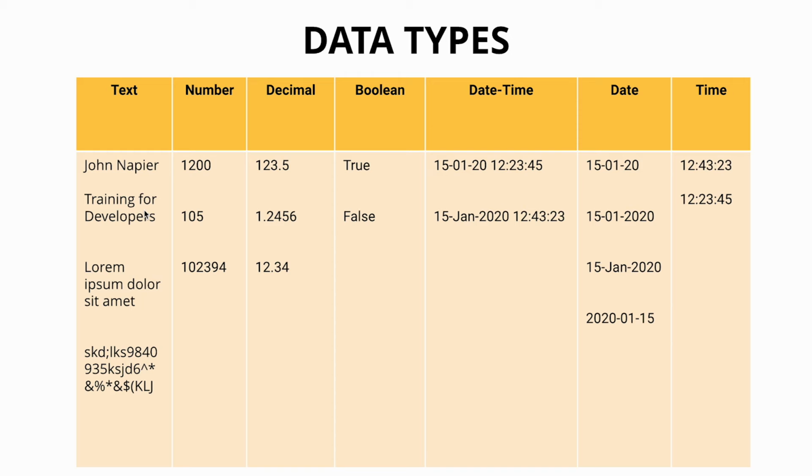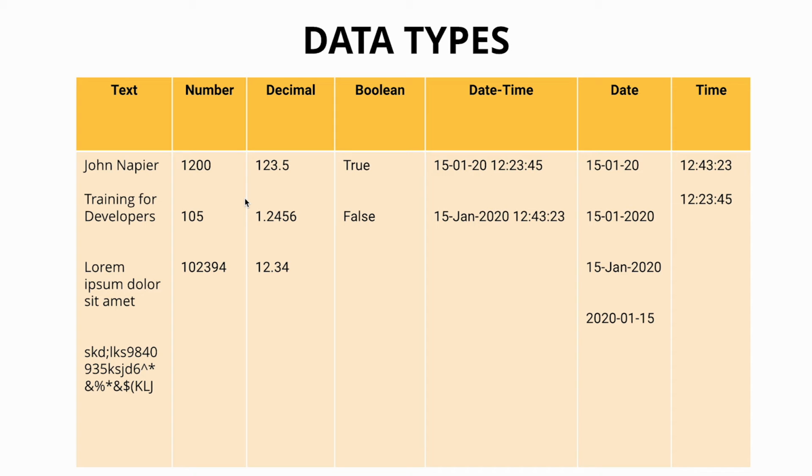Then we have decimal. Decimals are the floating point numbers where we have values after the decimal point. The examples are 123.5, 1.2456, and so on. And then we have Boolean. Whenever we are provided with an answer of yes or no, the value falls under the Boolean data type. Okay.